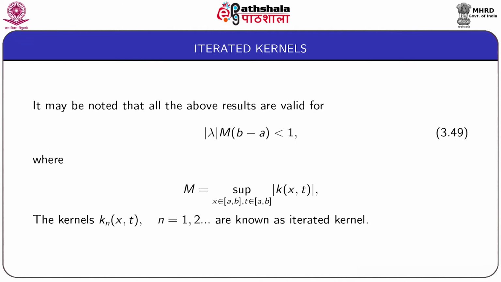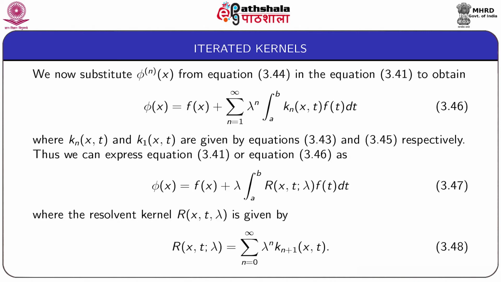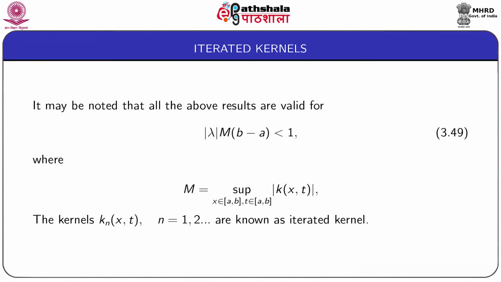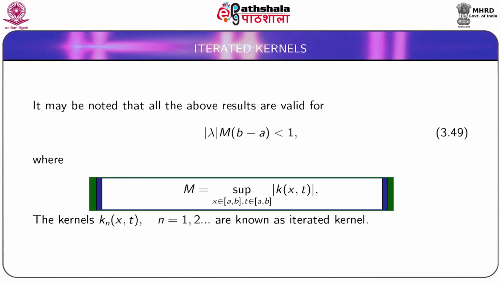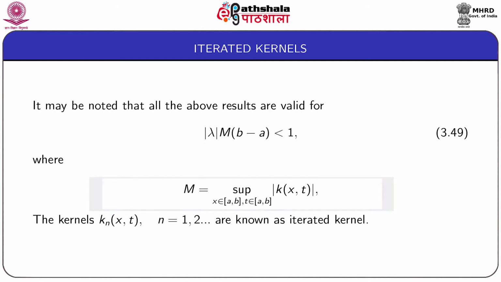Now, we have obtained the solution phi x in the form 3.46 or 3.47 under the restriction that lambda satisfies mod lambda into M into b minus a should be less than 1, as given by 3.49, where capital M is the supremum of mod kxt, x and t ranging in the interval a to b.